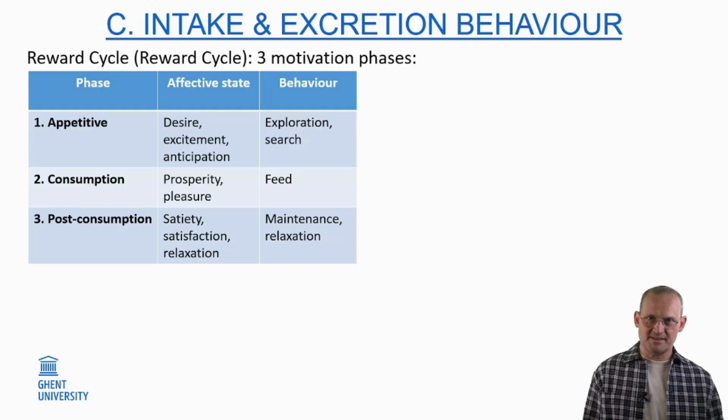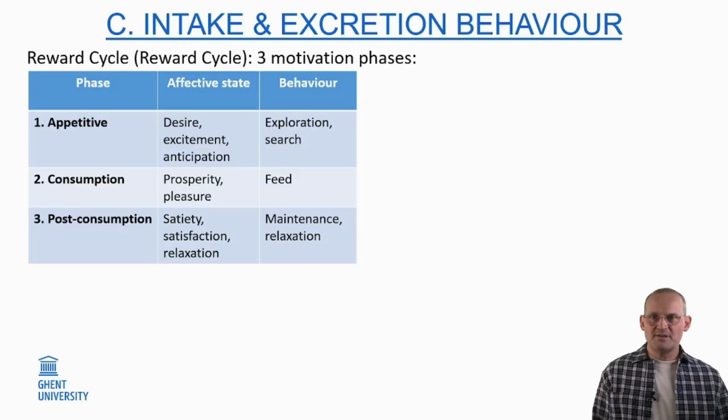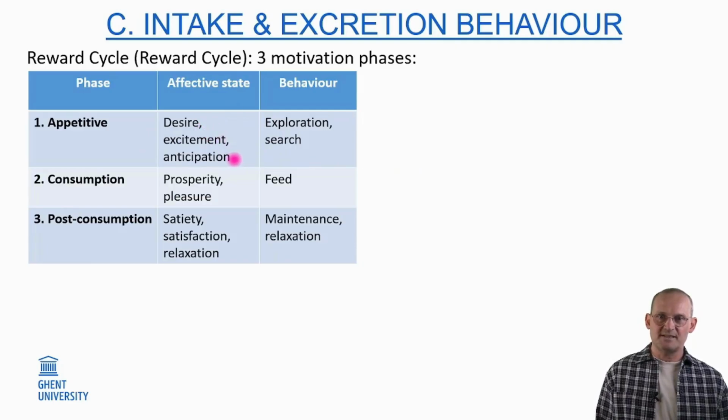Regarding intake behavior, there are 3 motivational phases within intake behavior. The first one is called appetitive behavior, and that goes with affective states such as desire, excitement, and anticipation, and with behaviors such as searching and exploring the area for food.